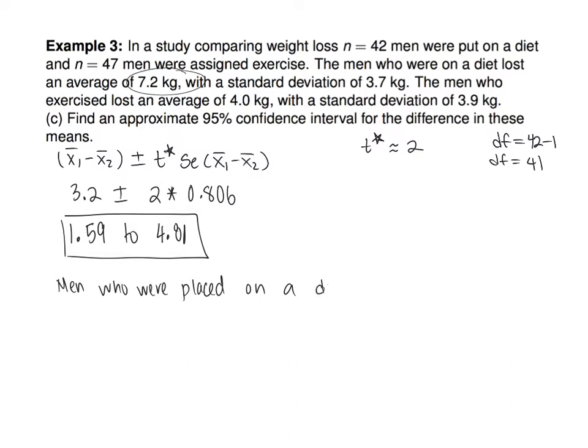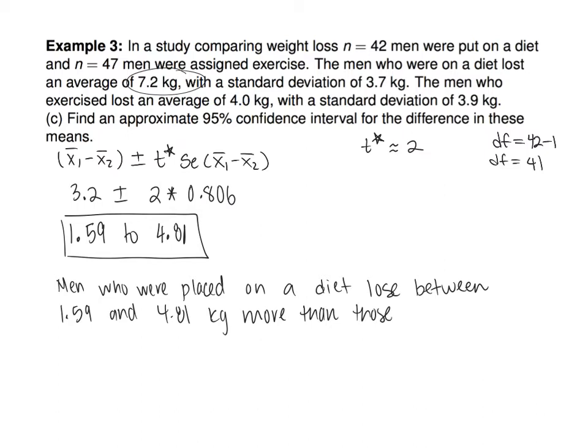So men who were placed on a diet lose between 1.59 and 4.81 kilograms more than those on exercise. And this is with 95% confidence.